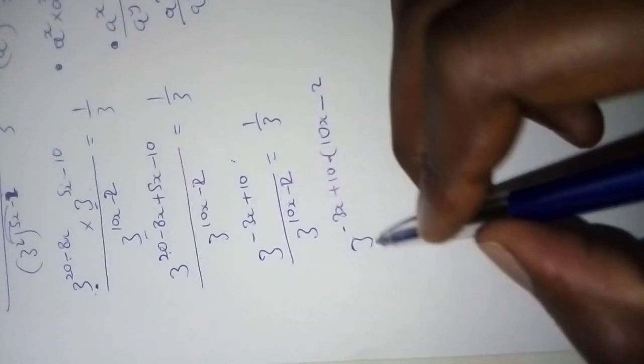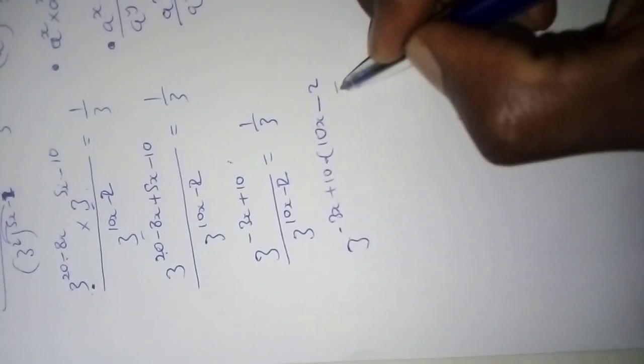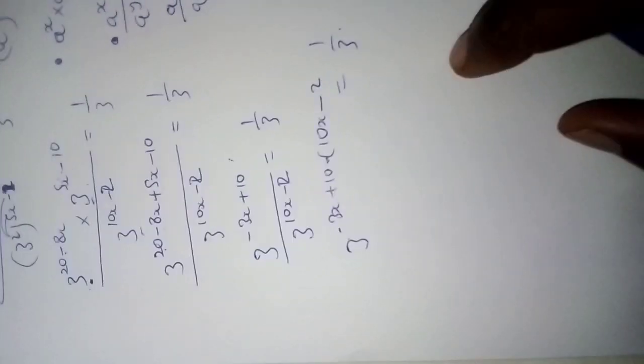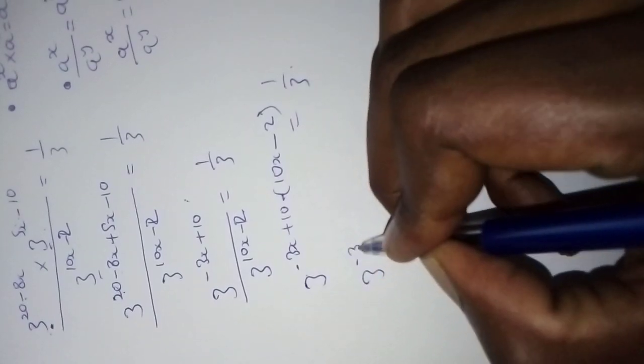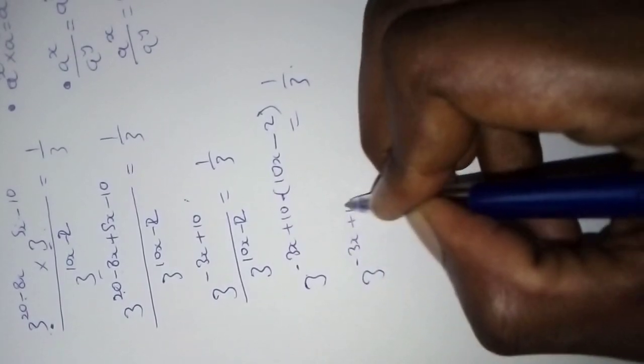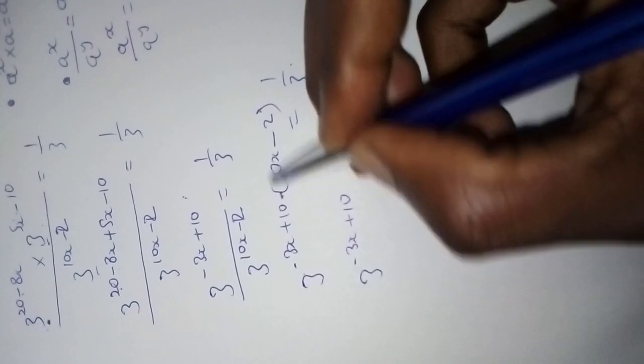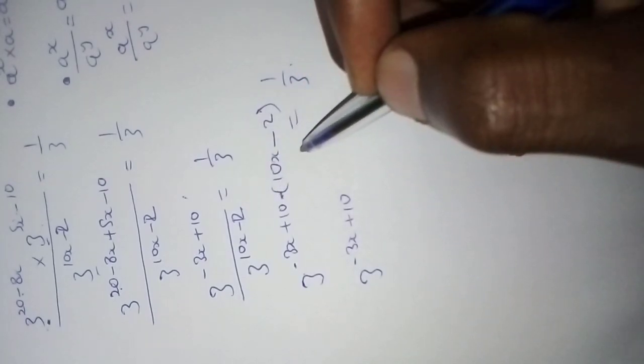So now we have 1 over 3. This side did not change, right? Now that's inside a bracket. So now that's 3 negative 3x plus 10. So now this negative multiplies everything inside your bracket. Why am I doing this?